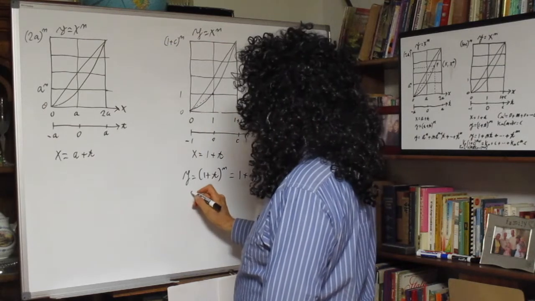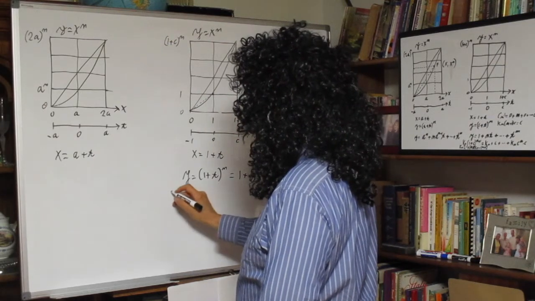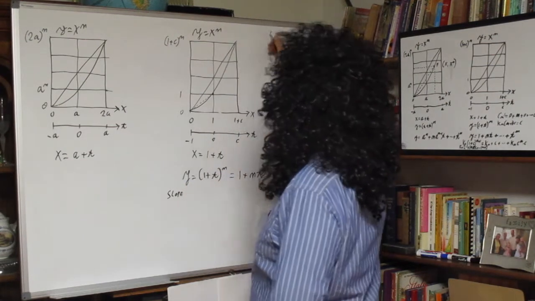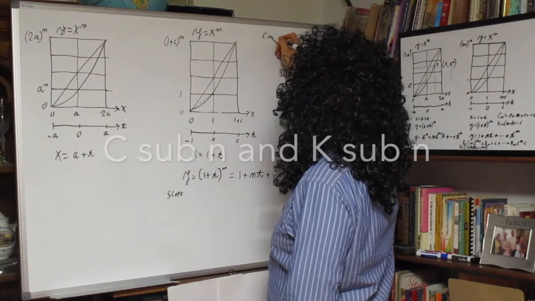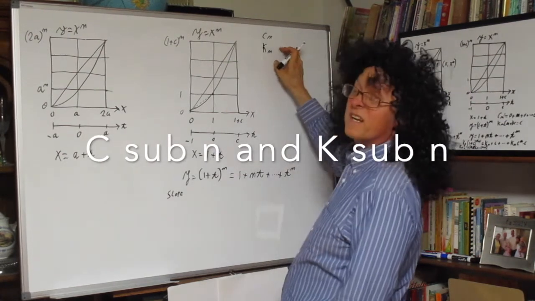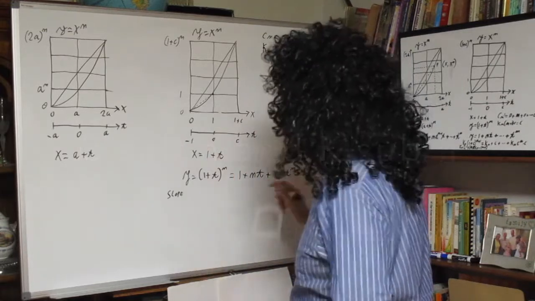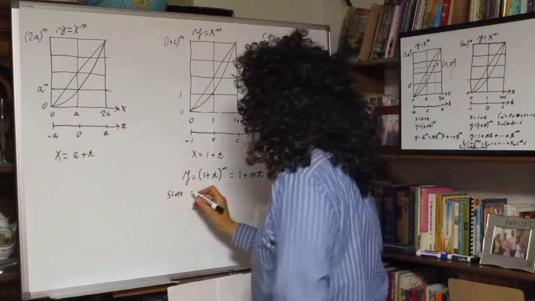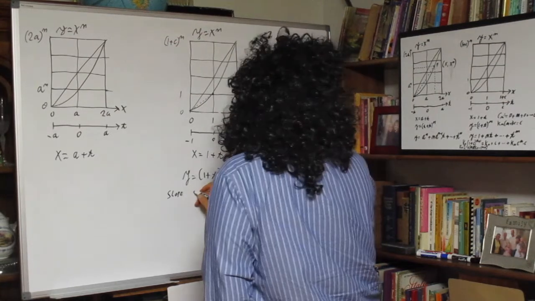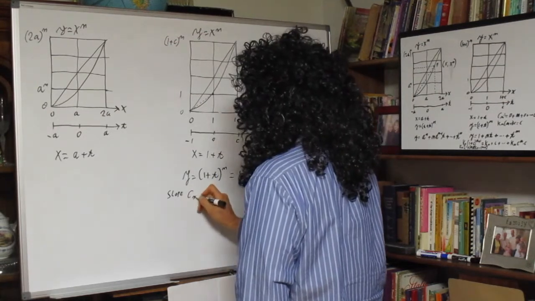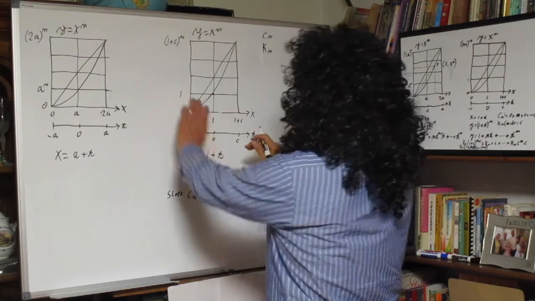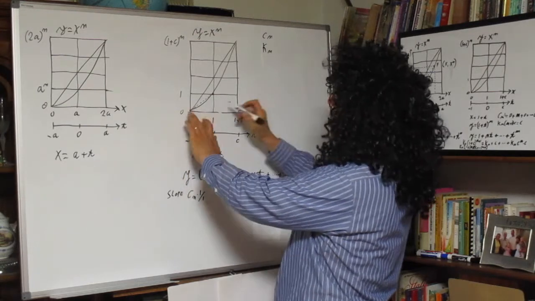C to the n, the slope. Well, we're after c to the n, the slope ratio, and k to the n, the area invariant isometric ratio. But the slope is c to the n times 1 rise over 1 run. See this one from the x perspective?